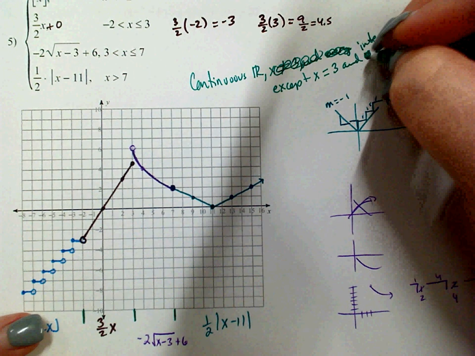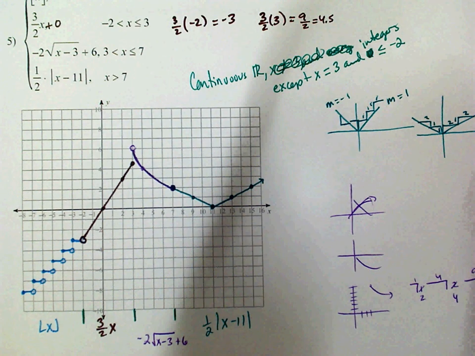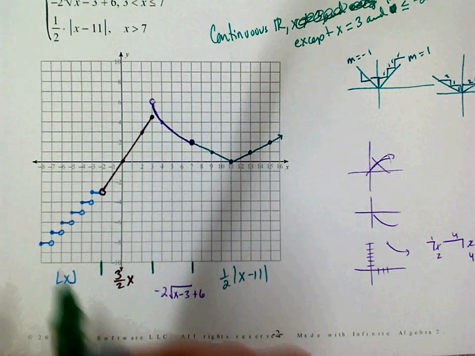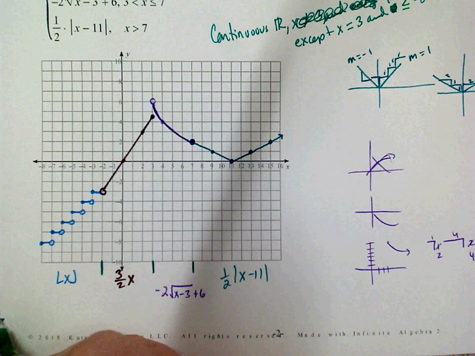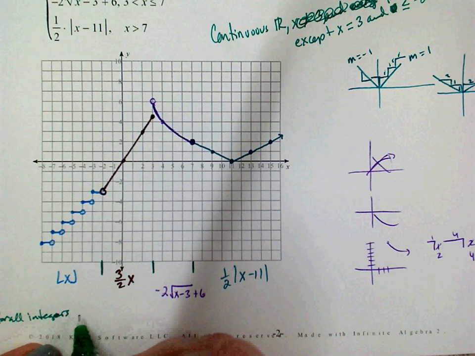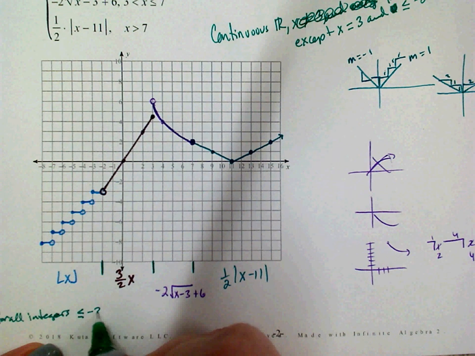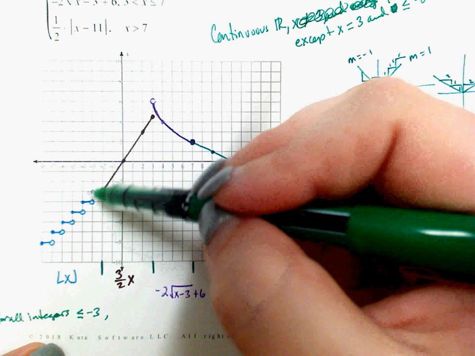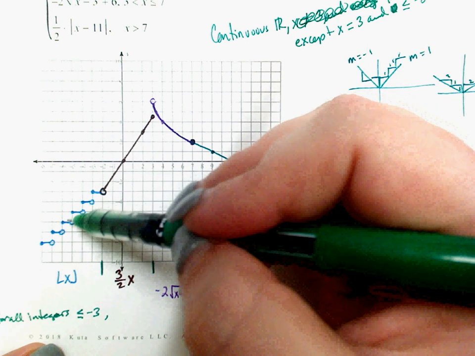As far as what we need to identify them as, for all integers less than or equal to -3. So at -3, we have a jump discontinuity. At -4, a jump. At -5, a jump. At -6, a jump. But at -2, we don't have a jump. So that's why I said -3.